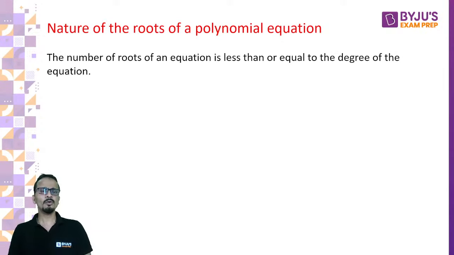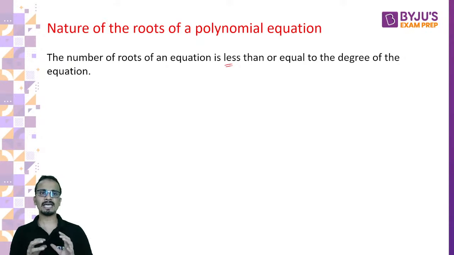Now we can say that the number of roots of any equation, like whether it's a 2-degree equation, 3-degree equation, or a 4-degree equation, is always less than or equal to the degree of the equation. Now why I'm saying they can be less as well, because you have seen quadratic equations where both the roots are equal. So it may happen that some of the roots are equal.